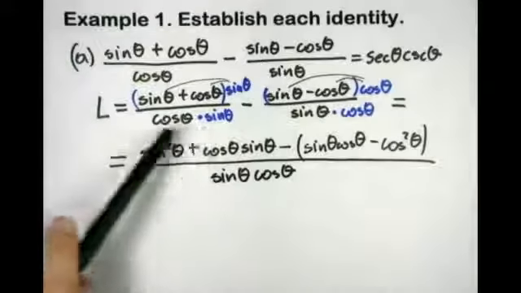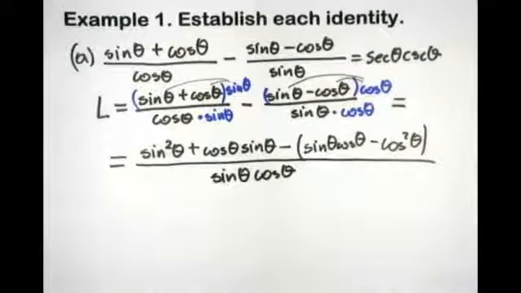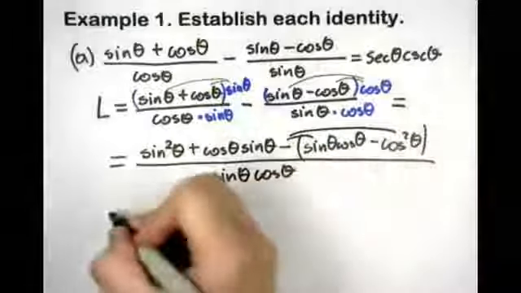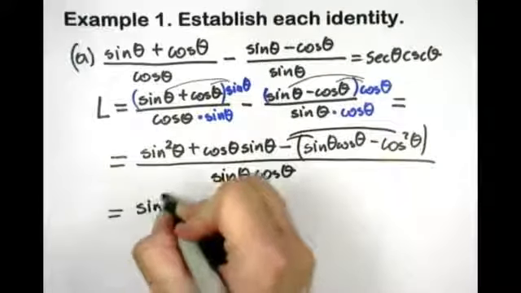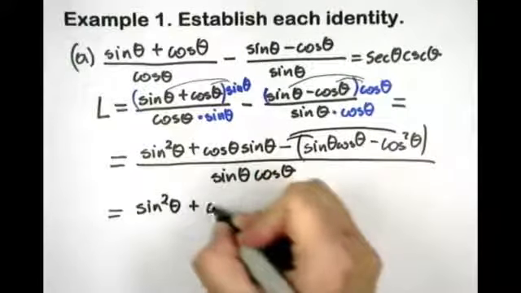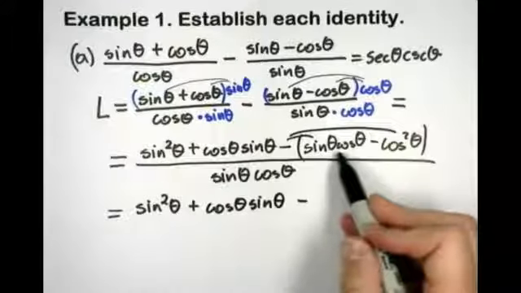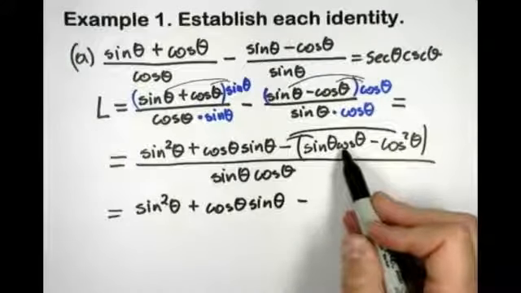Sine times cos or cos times sine is of course exactly the same, because in multiplication you can change the order. Okay, so now we need to distribute the minus. So we have sine square theta plus cos theta sine theta minus this. I'm going to switch the order to have exactly the same term. So I'm changing the order.